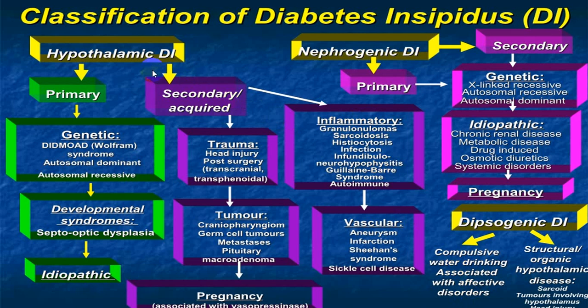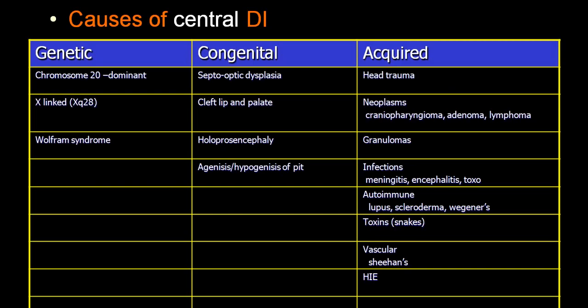Other groups in the central variety, which produce the secondary or acquired group, are inflammatory, like granuloma, sarcoidosis, or Guillain-Barré syndrome, and vascular, like aneurysm, infarct, Sheehan syndrome, sickle cell disease, etc. These are all rare conditions, but they do come across.